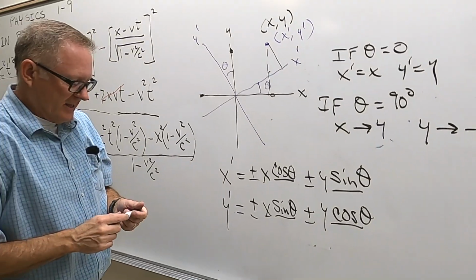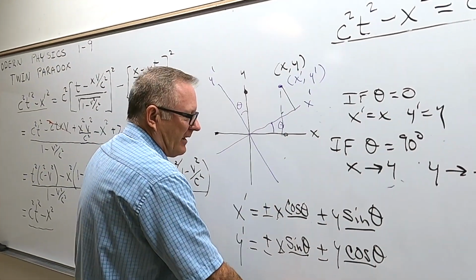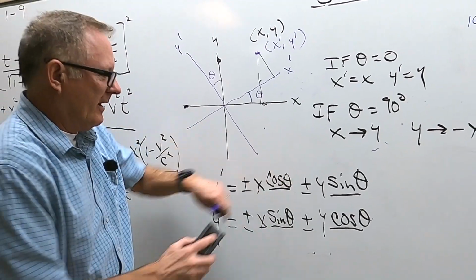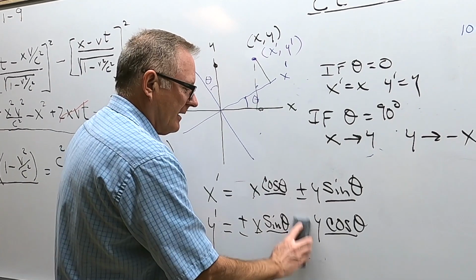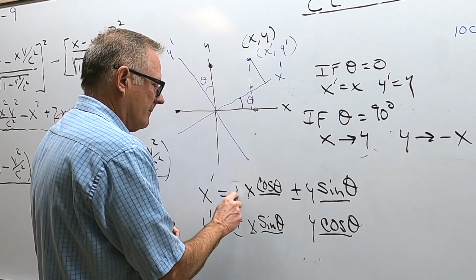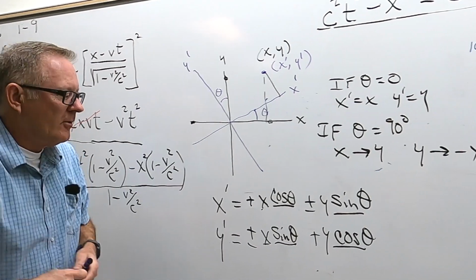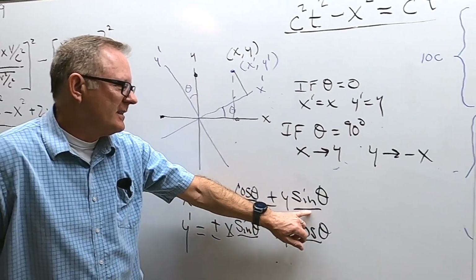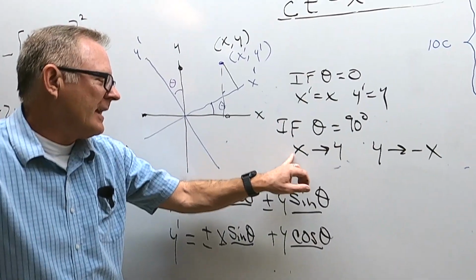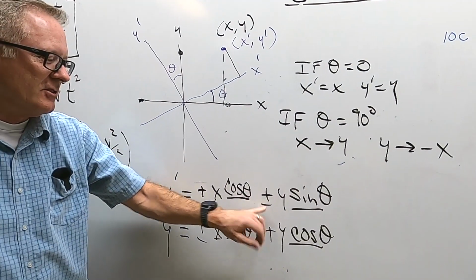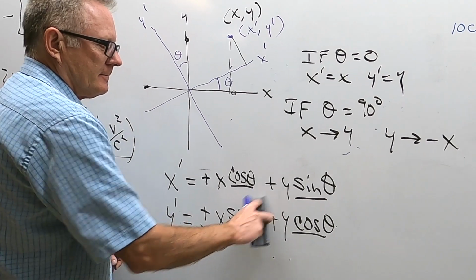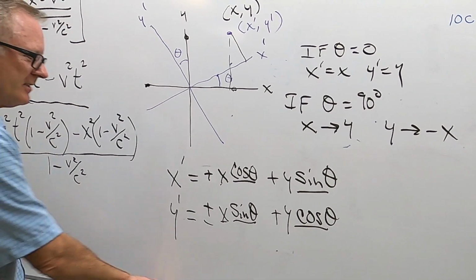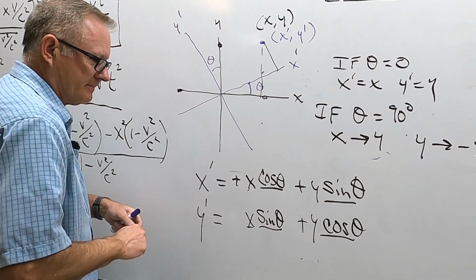So if we come over to here and plug in 90 degrees, this guy's gone right here, so let's get rid of that. These guys are just keeping both plus. And then when you're at 90 degrees, this one goes to 1, but x prime just goes to plus y, so that's just going to be a plus. And y prime went to minus x, so this one is just a minus right here.